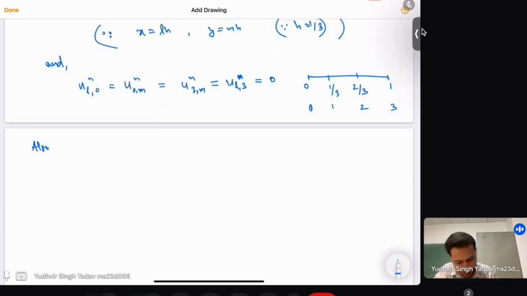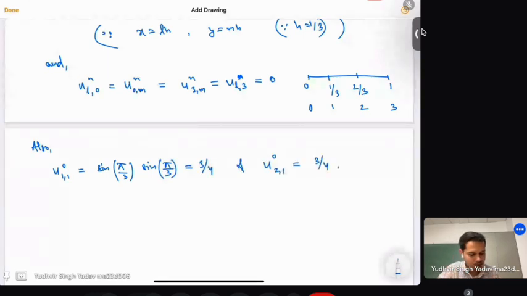Also, for the initial conditions, u(1,1)^0 is sine pi by 3 multiplied by sine pi by 3, which goes to 3 by 4, and u(2,1)^0 is also 3 by 4.